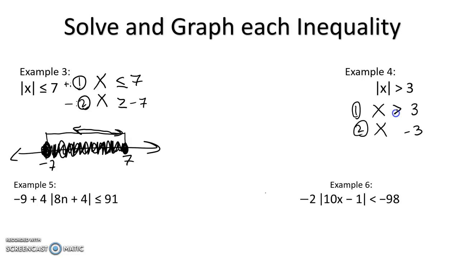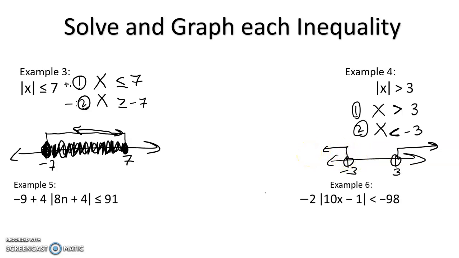The positive one stays facing this side, and the negative one faces the other side. Quick graph: negative 3 over here, positive 3 right there, open circles now because we don't have symbols below. x is greater than 3, so I shade everything bigger than 3. Less than negative 3, I shade over to this side as well.